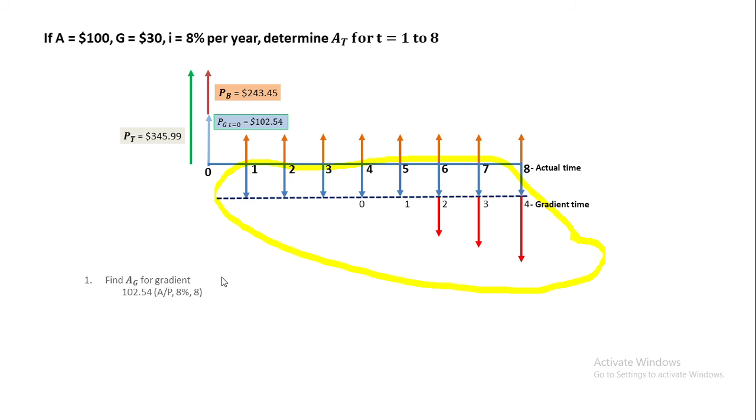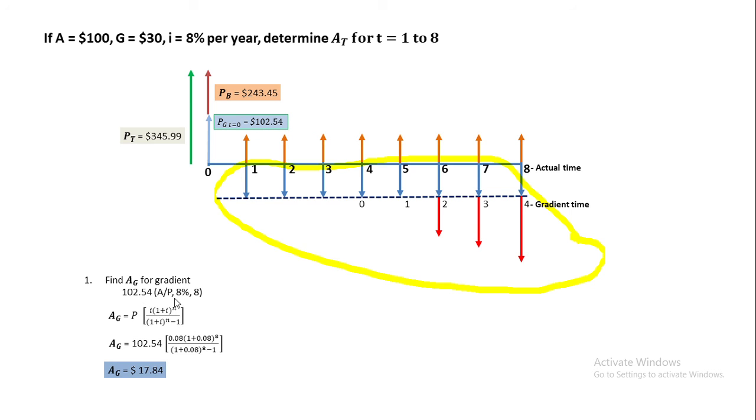So first we need to find the A sub G for the gradient. So first this gradient we need to find. So we already know the present worth of the gradient, which is $102.54.